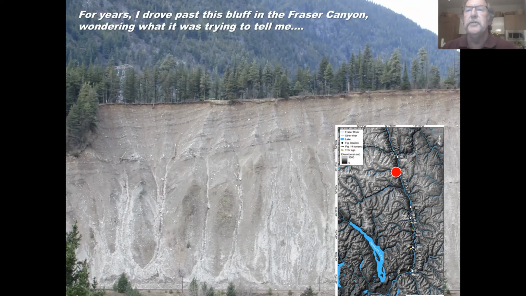It's about 100 meters high. One of the national rail lines is right at the bottom of this image, and the top is about 100 to 110 meters, or over 300 feet higher. And I kept looking at that and I said, I'm a glacial geologist, but I don't really understand what I'm looking at here.